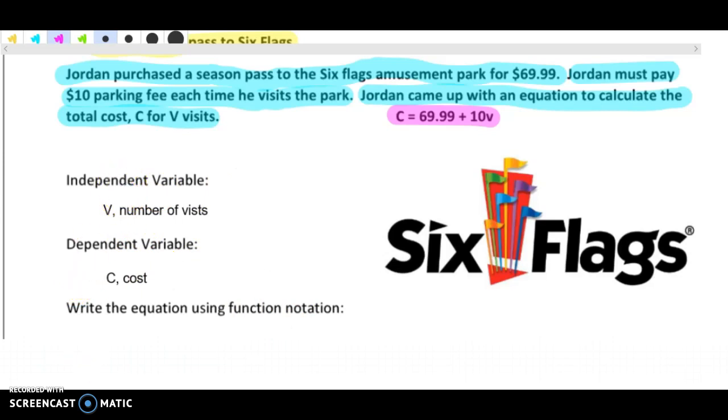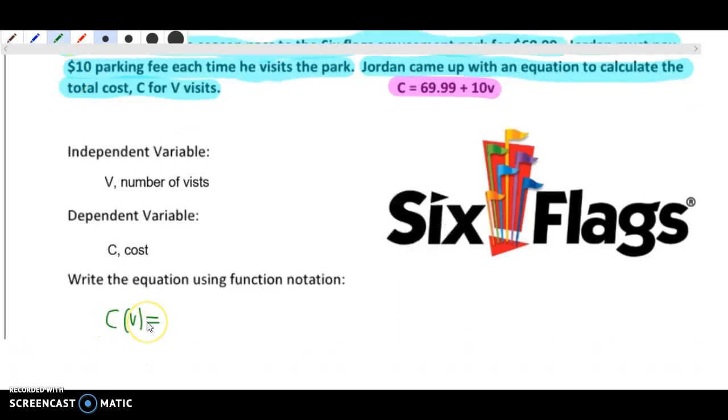So the way we're going to write this in function notation is cost of V equals $69.99 plus 10V. Again, we got this from the equation above.